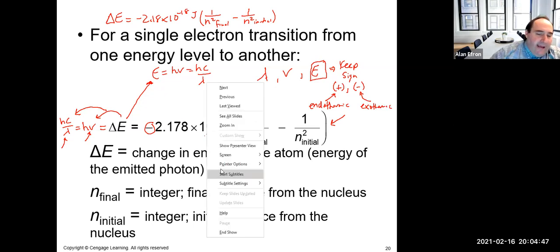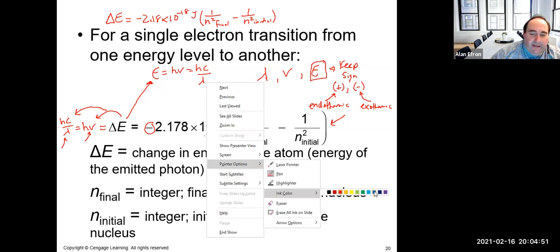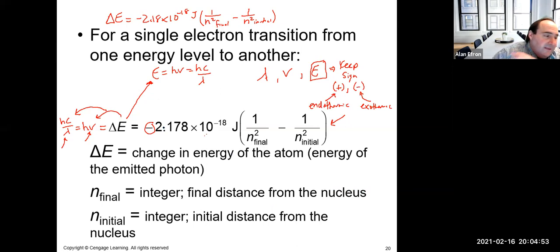Now, once you calculate the energy, which may be positive or negative, and oftentimes it is negative in an emission spectrum because the atom has to give off that energy, when you then use that energy value to calculate something like frequency or wavelength, you want to turn your energy into a positive number.